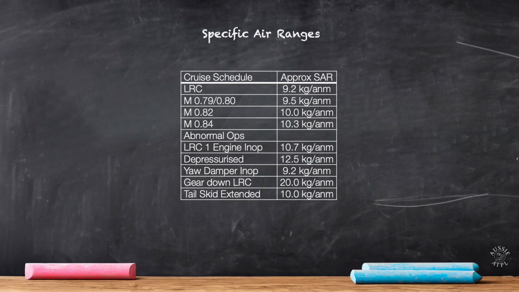So for today's example, we'll be using 9.5 kilograms per air nautical mile, as we're using Mach 0.79, but feel free to take a photo of this and use it for all your flight planning. This is regardless of weight. It just gives you one number for each operation. It makes it very simple and it helps you get your estimates quickly and easily.